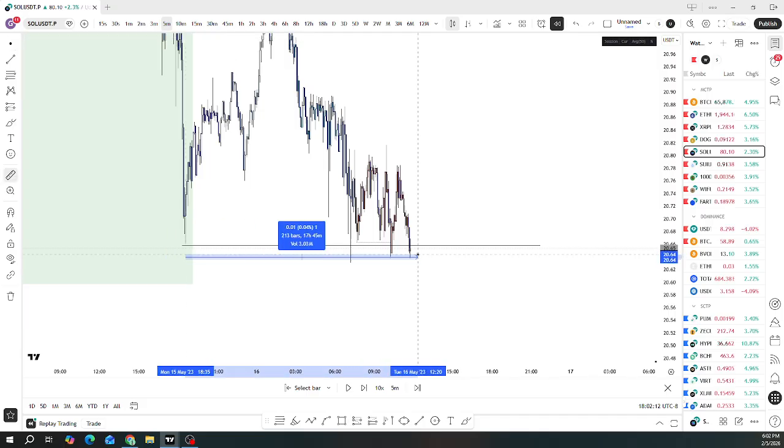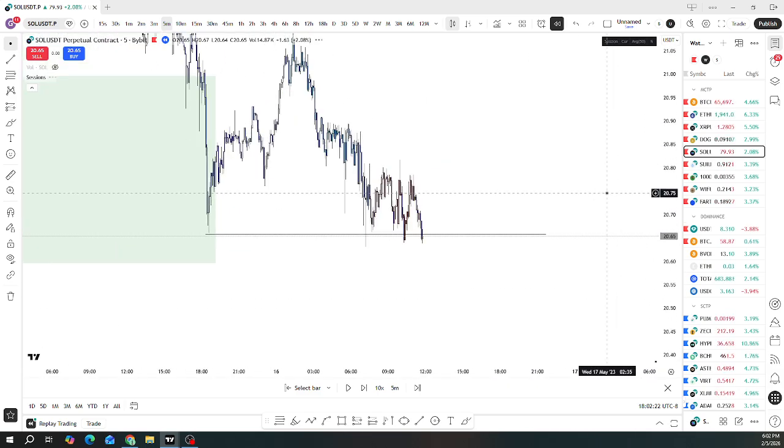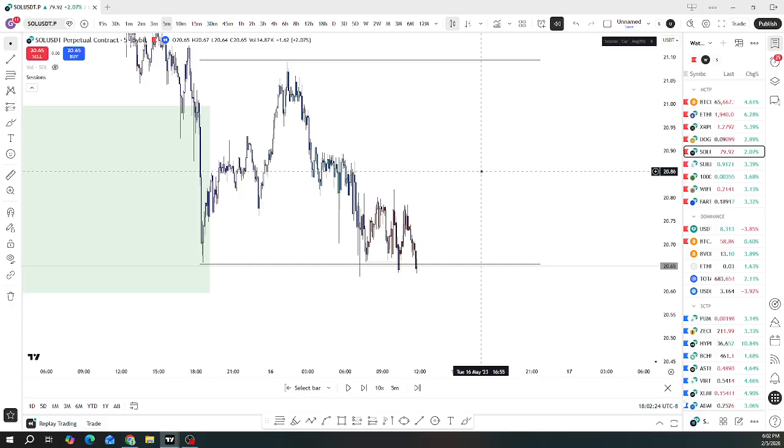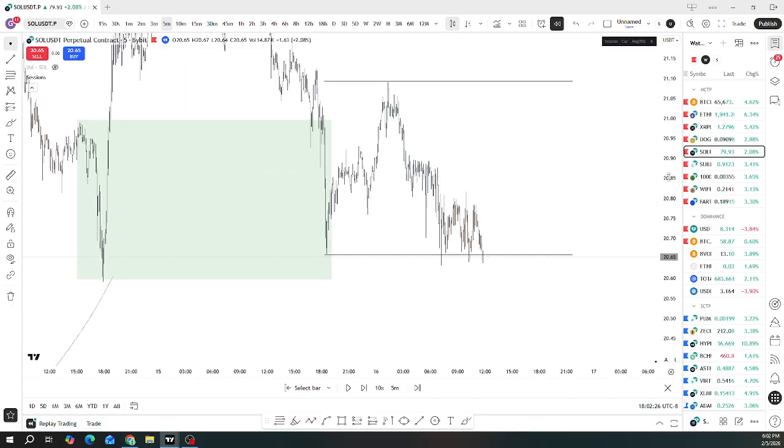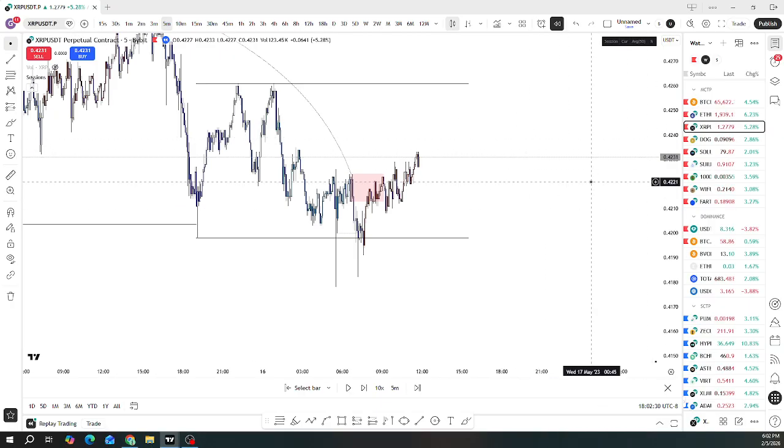I think it's a bit longer duration. XRP's looking quite ugly here.